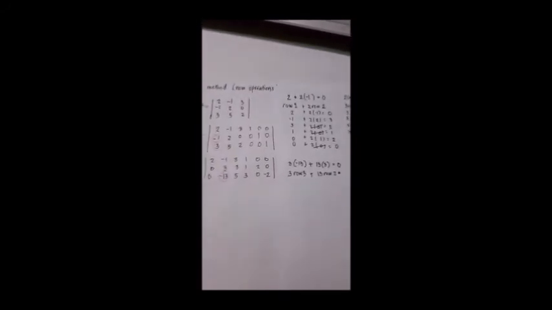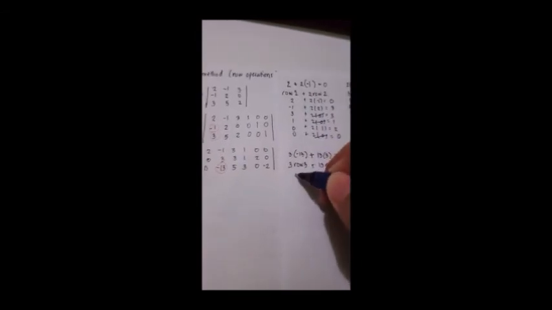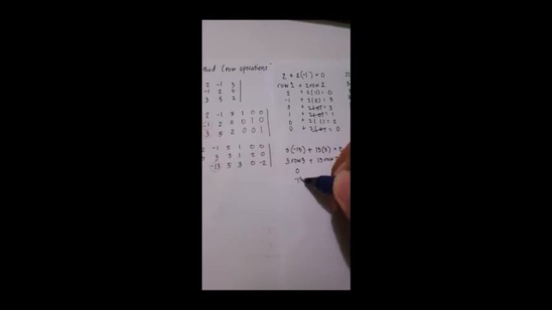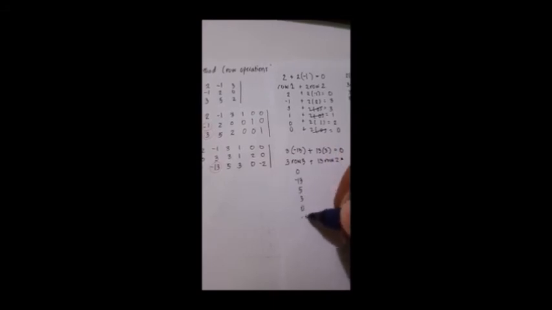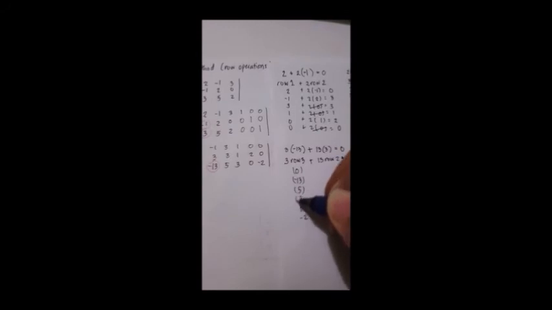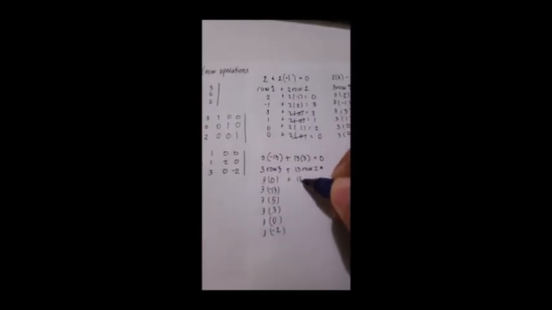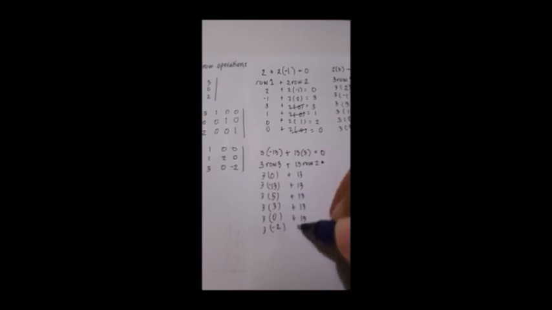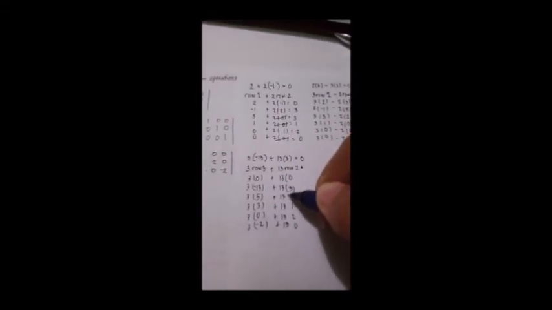Okay, so, now I will have to write again yung all members ng row 3. We have 0, negative 13, 5, 3, 0, and negative 2. All multiplied by 3. Plus 13 multiplied by all members of row 2. Row 2, we have 0, 3, 3, 1, 2, and 0.